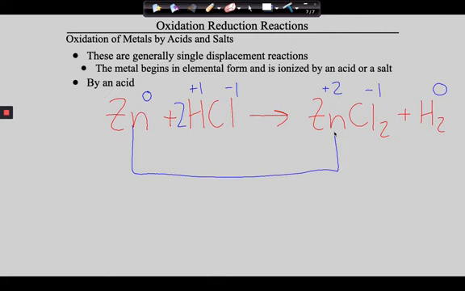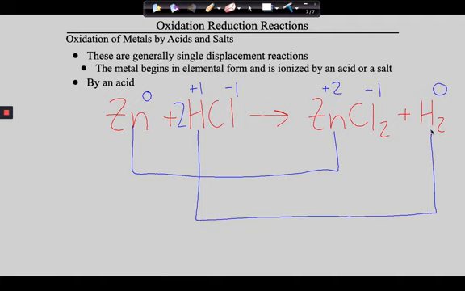Zinc's charge changed. What about hydrogen's charge? Also changed. What about chloride's charge? Did not change. So now, let's pull this together and talk about who is gaining electrons and who is losing electrons.